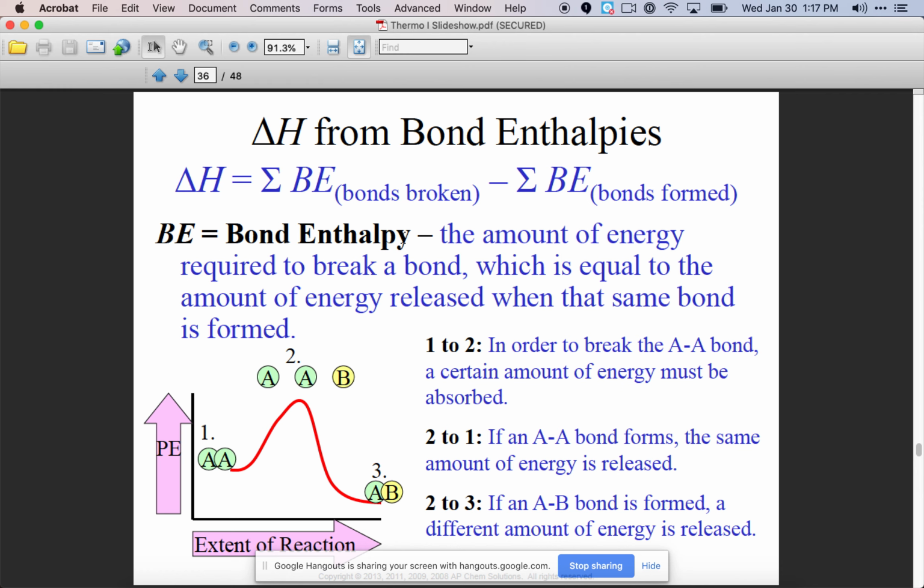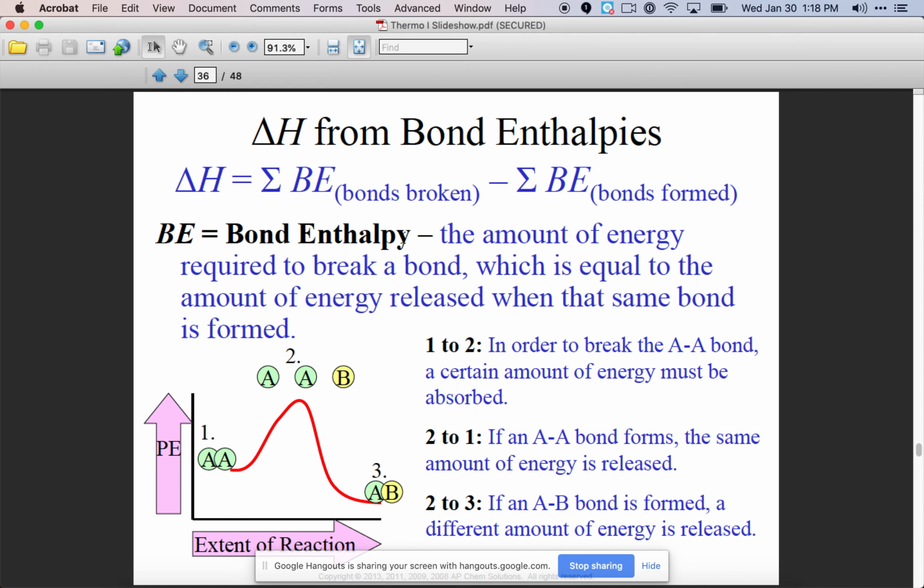Don't we need a chart to get those values? Yes. So you'll have a mini chart. They'll give you values, and they won't tell you which one to use where. You have to figure that out. Like you'll have a carbon-carbon bond or a carbon-hydrogen bond, or maybe an oxygen-oxygen bond. So you have to figure out what bond numbers to use where.